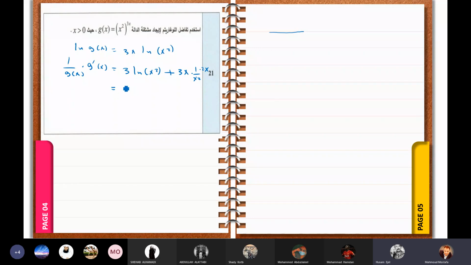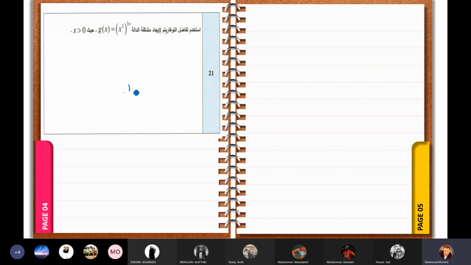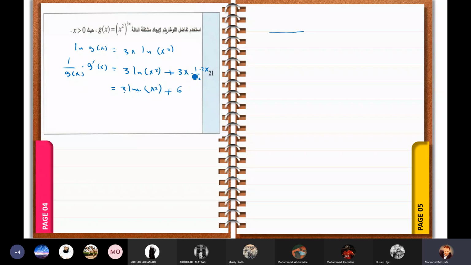We could start by simplifying x squared multiplied by 3 from the beginning. So 3 ln x squared will simplify here. Plus 2 multiply 3, 6x, multiply x squared with x squared.